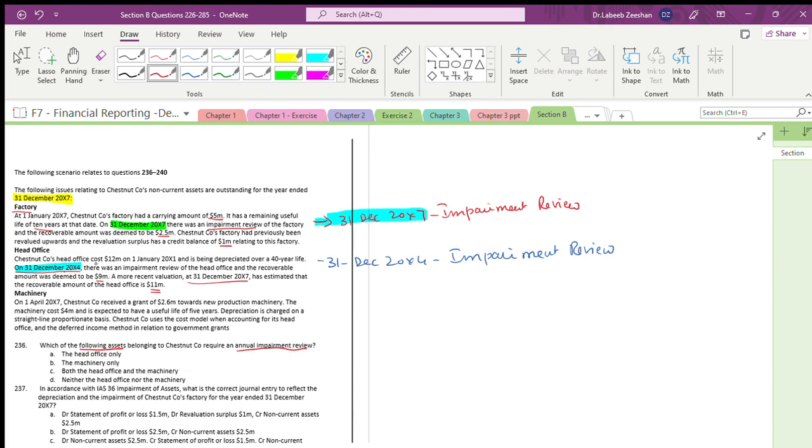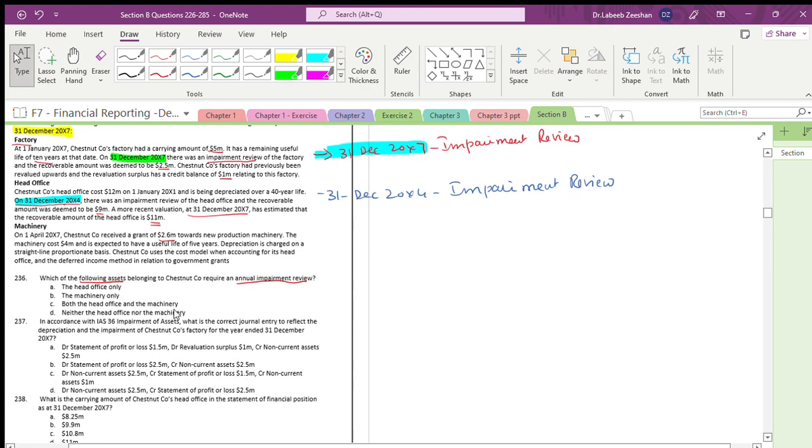Machinery. On 1st April 2000 they received a grant of 2.6. Is it right? We'll talk about the grant. You know how we have done the grant. When we have received the grant for the current year, we identify it as a current liability, then subsequently we are talking in terms of non-current liabilities. That process which we have done with respect to government grants, we'll do that.